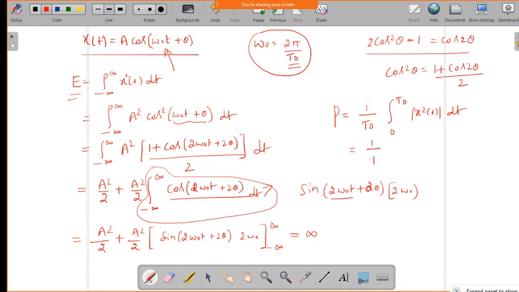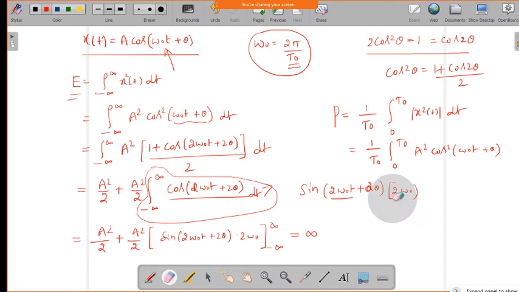Okay. So this is 1 over T naught, integral 0 to T naught, A squared cos squared of (omega naught t plus theta). Okay. So now we can express this in terms of cos 2 theta.